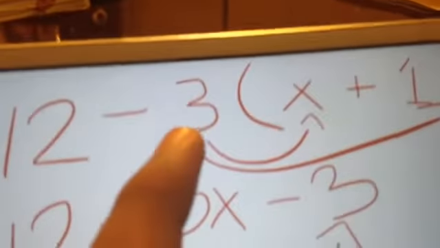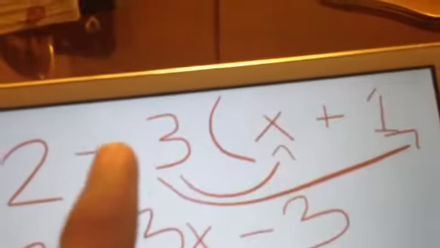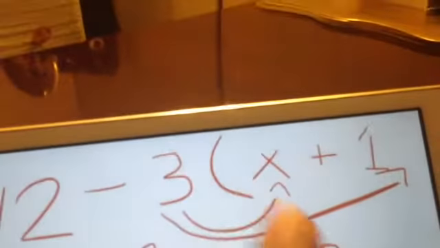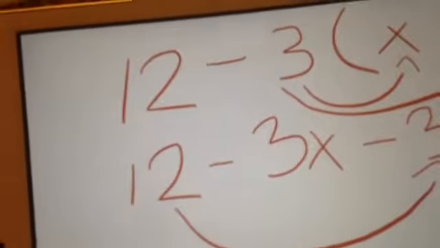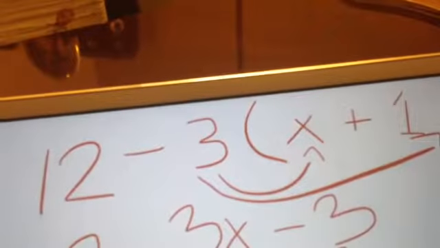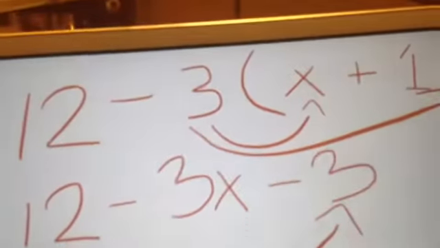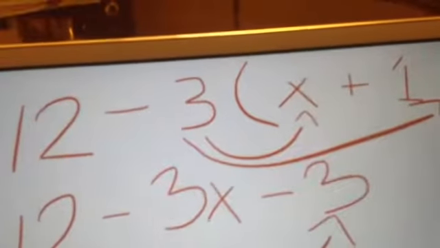Just multiply the negative 3 with x and the positive 1. So negative 3 times x is negative 3x. So 12 minus 3x, and negative 3 times plus 1. We know that plus and minus equals minus. So positive and negative is negative. So 12 minus 3x minus 3.